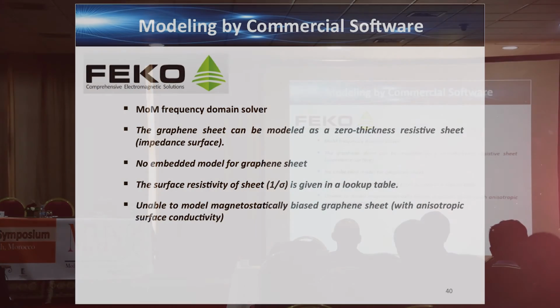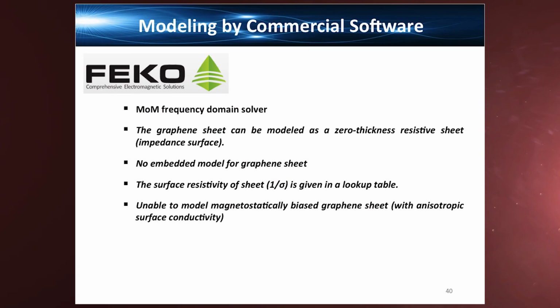First, FEKO. FEKO has a method of moments frequency domain solver. Because of the feature of the method of moments, the graphene sheet can be modeled in FEKO as a zero thickness sheet. But there is no inverse of the surface conductivity, as in a lookup table.